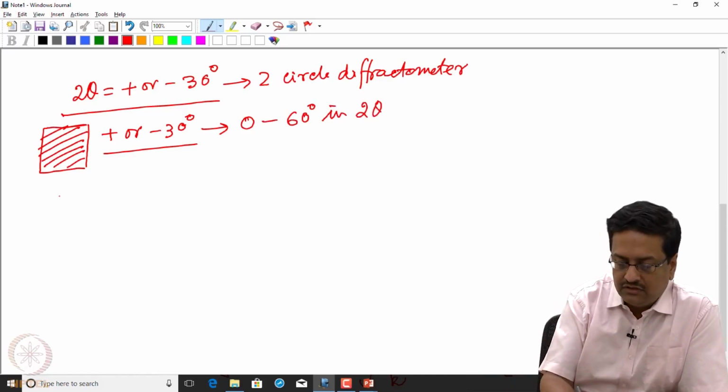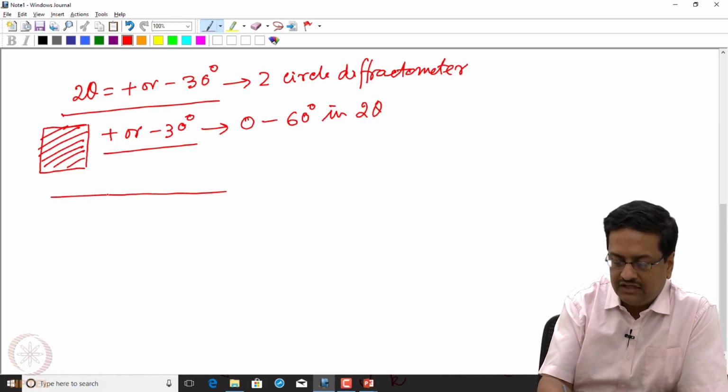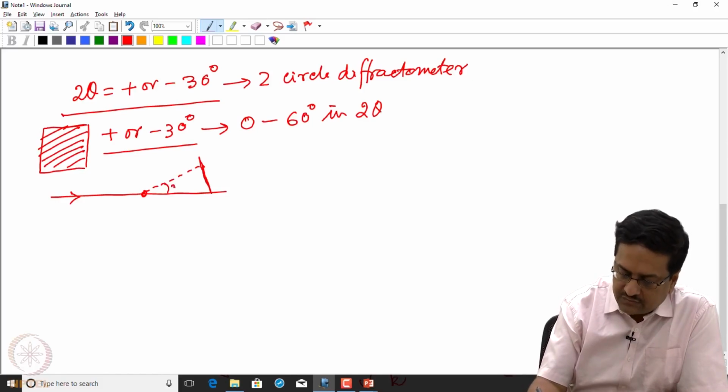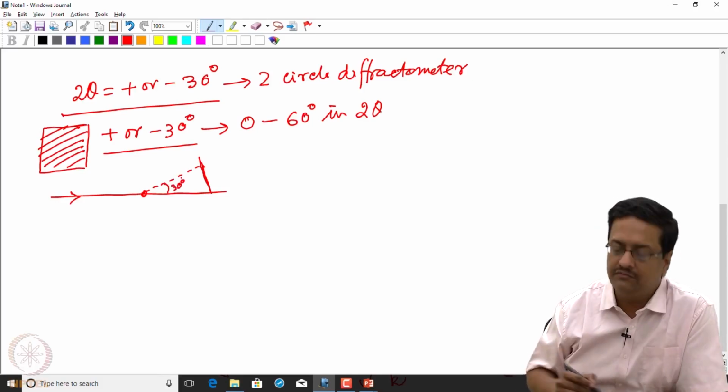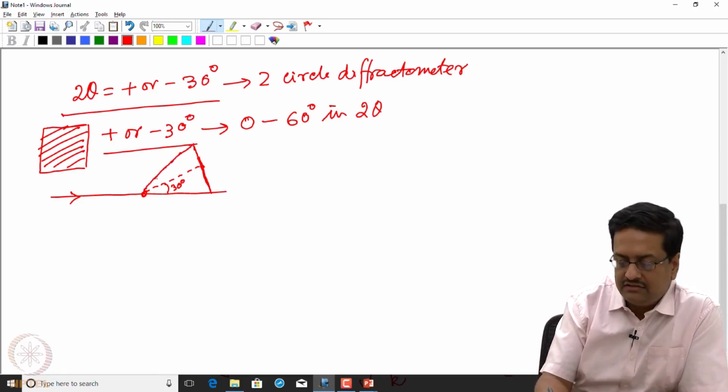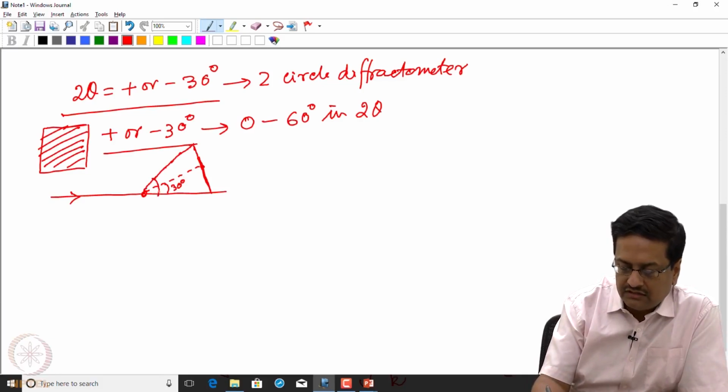That is, if we have the X-ray beam coming like that and a crystal in the middle, and the detector is located somewhere here, at about 30 degrees with respect to the direct beam, it records data in the range of a total of 60 degrees in 2 theta.